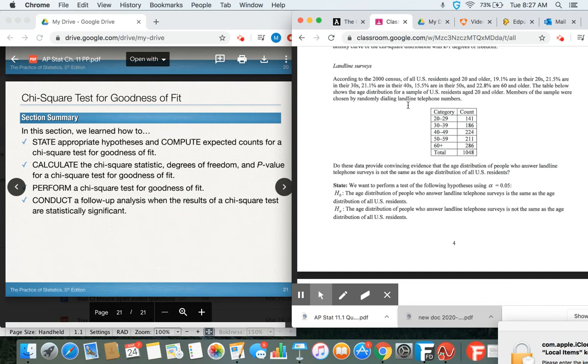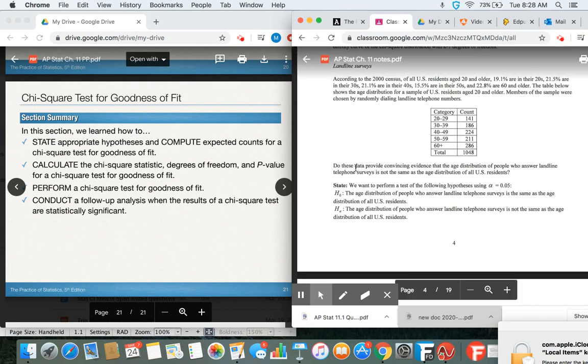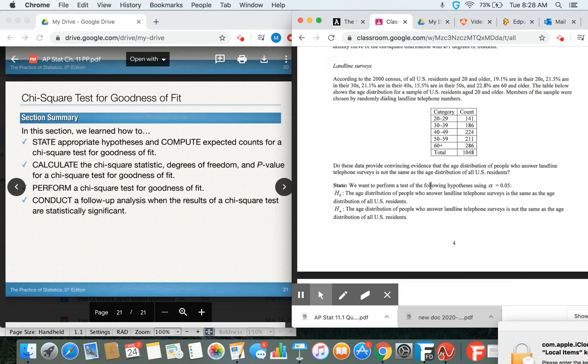Members were chosen by simply dialing landline telephone numbers. And what we're asked to test here: do these data provide convincing evidence that the age distribution of people who answer landline telephone surveys is not the same as the age distribution of all U.S. residents?